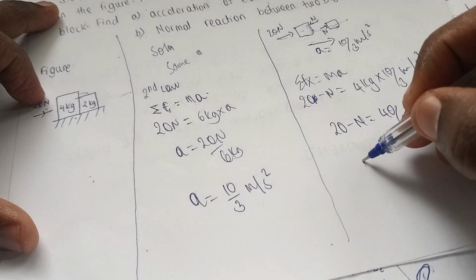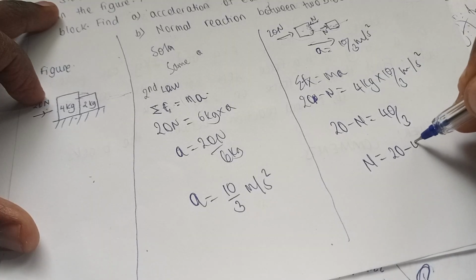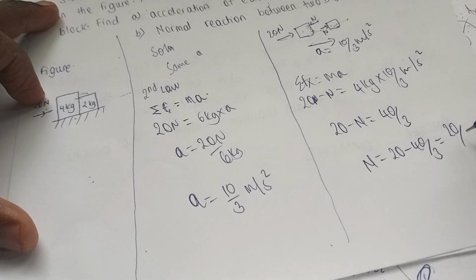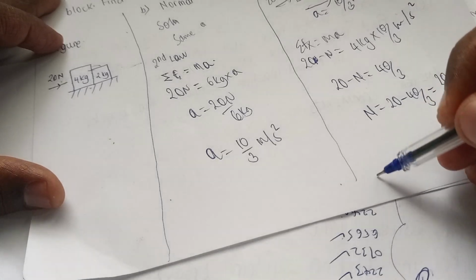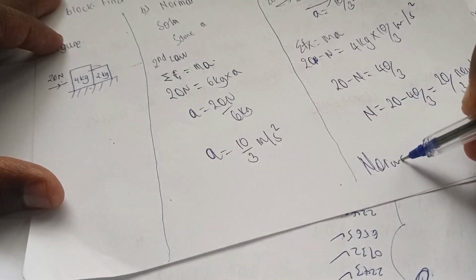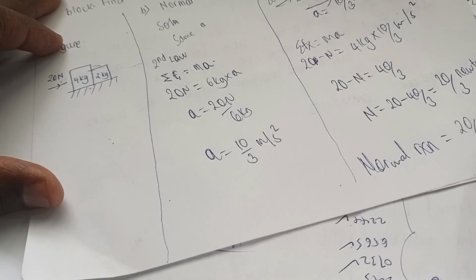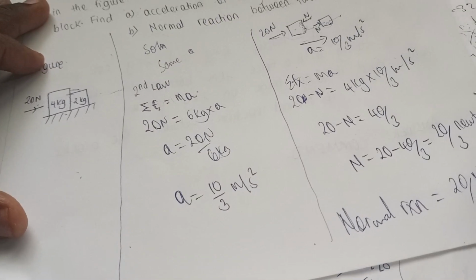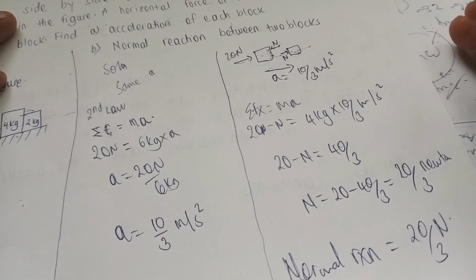Okay, so I rearrange this to be 20 minus 40/3, which is equal to 20/3 newtons. So therefore the normal reaction equals 20/3 newtons. Okay, so that is our normal reaction force.